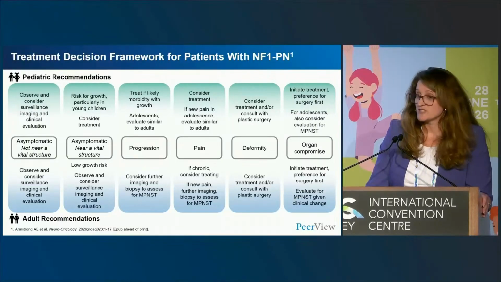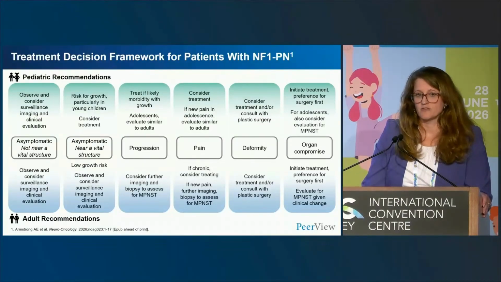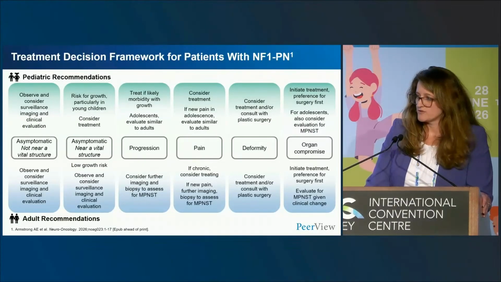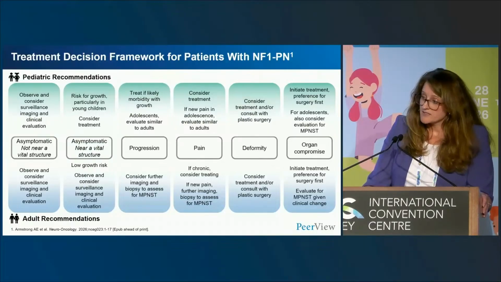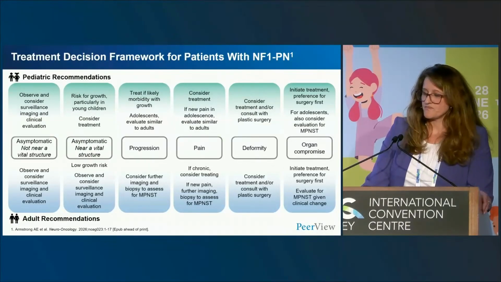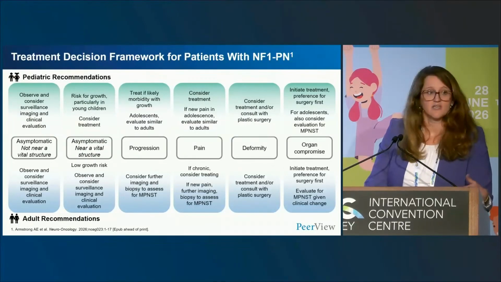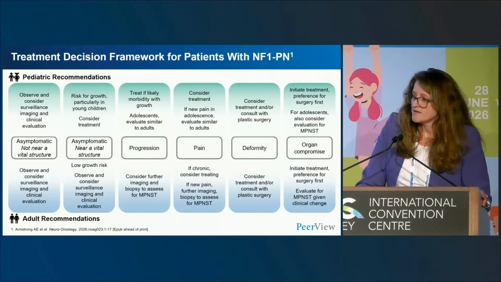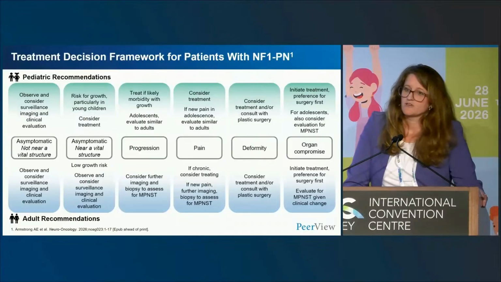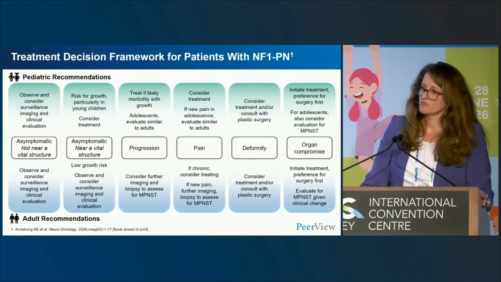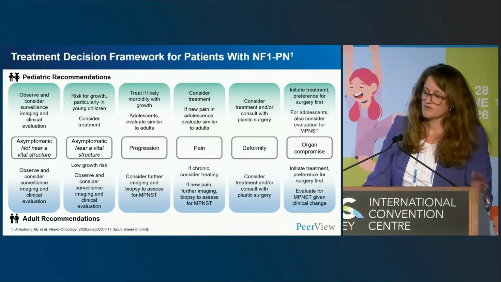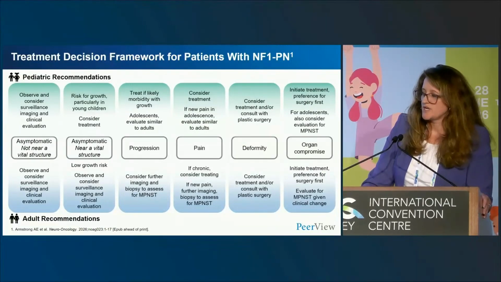Certainly, if there's likely morbidity and growth, that next column, then you would want to strongly consider or recommend treatment for those children. Now, adolescents and adults, as the tumor is changing and progressing, you also need to have a high threshold for looking into if this is changing into a more malignant tumor, one of the atypical forms, or an MPNST.